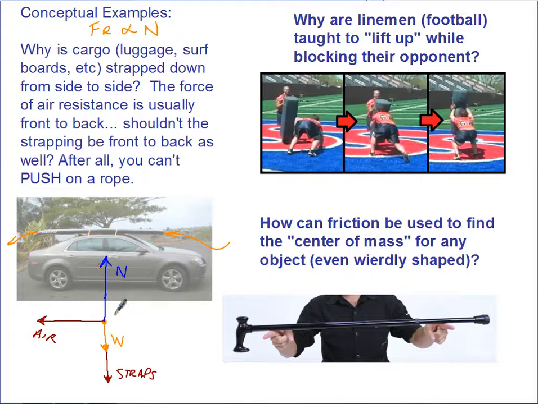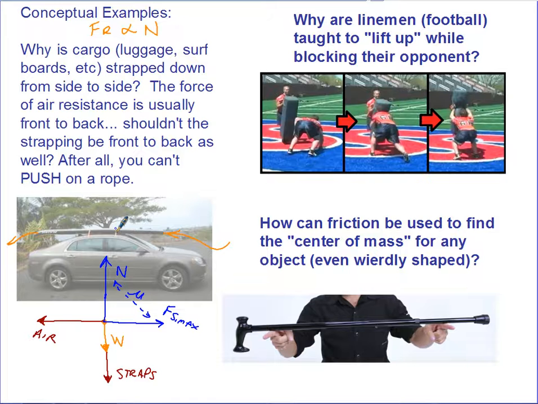Well, the static frictional force can now become bigger simply because I have a larger normal force. So this static frictional force becomes larger. Right? These two things are related through the value of mu. Okay? So if I can make N bigger, I make Fs max bigger, and that's going to keep that thing securely fixed to the top of my car.